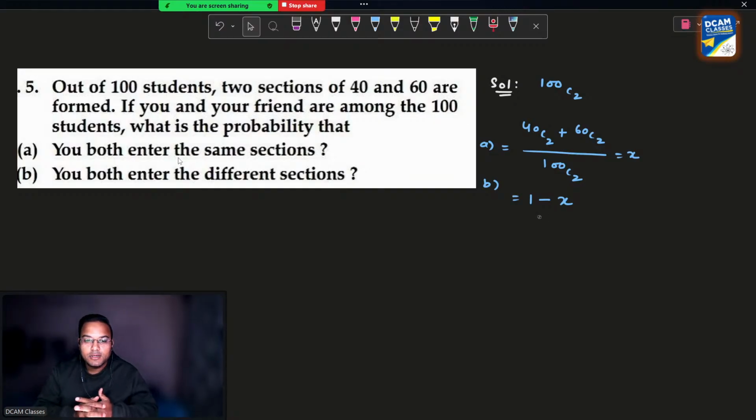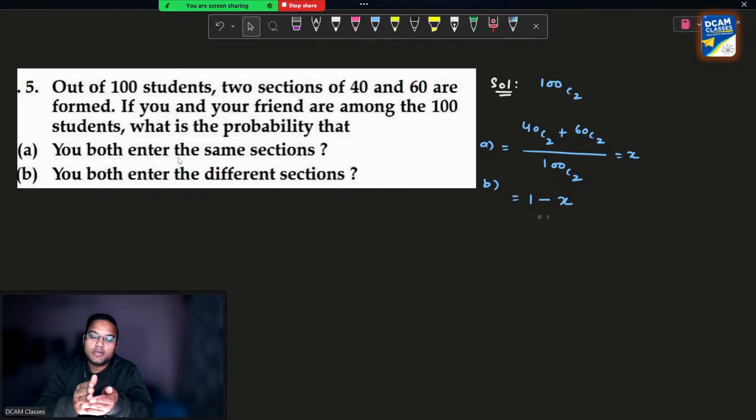So out of the 100, any 2 places I can choose in 100 C2 ways, so that by choosing 2 places, I'll be secured that me and my friend will be present there.